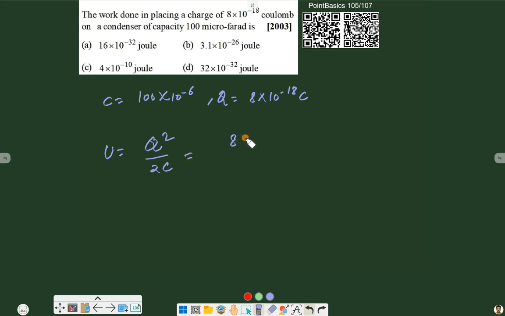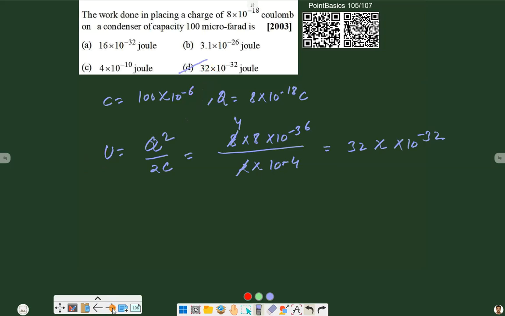So it will be 8 into 10 raised to power minus 18, whole square, by 2 into 100 into 10 raised to power minus 6, so that we can write it as 10 raised to power minus 4. So 32 into 10 raised to power minus 32. Option D will be the right answer.